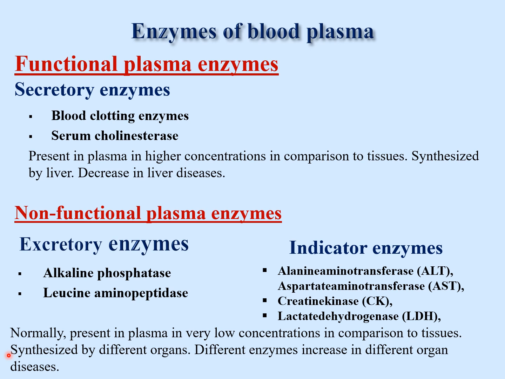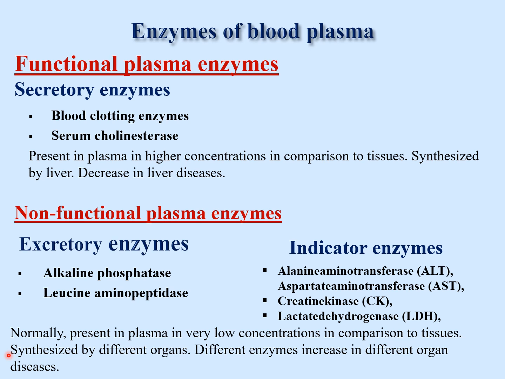These enzymes are synthesized in different organs, and as a rule, the activity of these enzymes will be increased in the case of increasing permeability of membranes. And why? Because enzymes of cells, because these are cell enzymes, will come into blood.